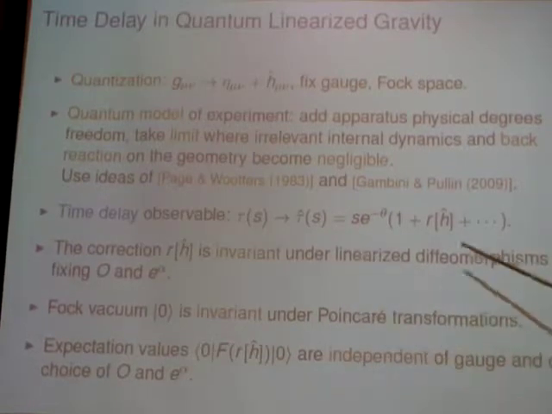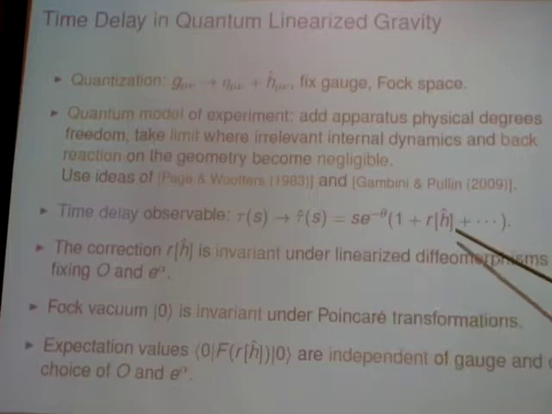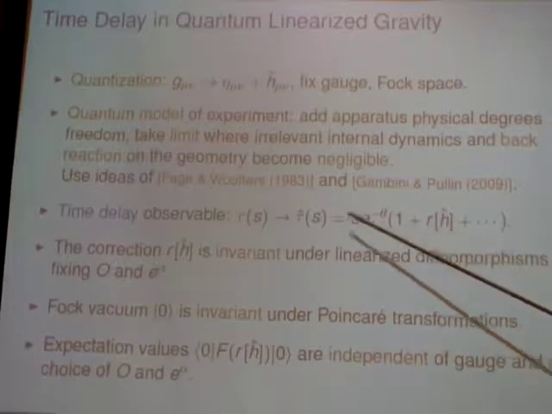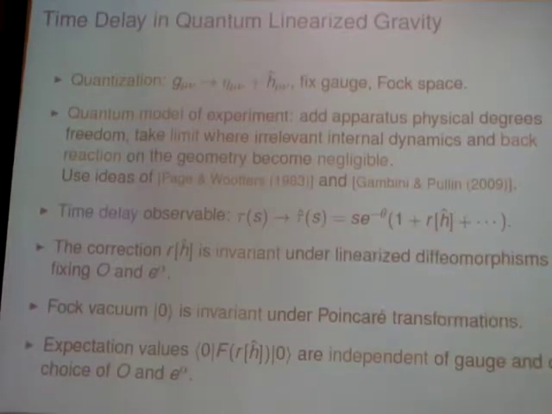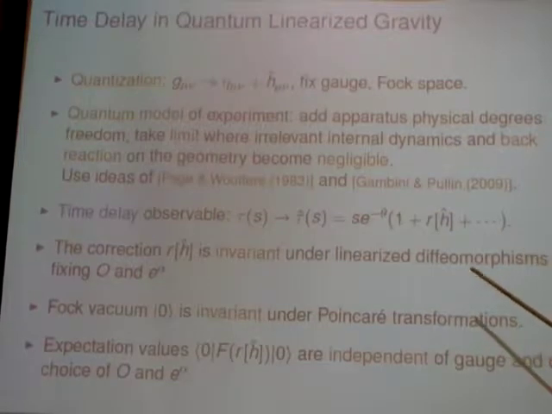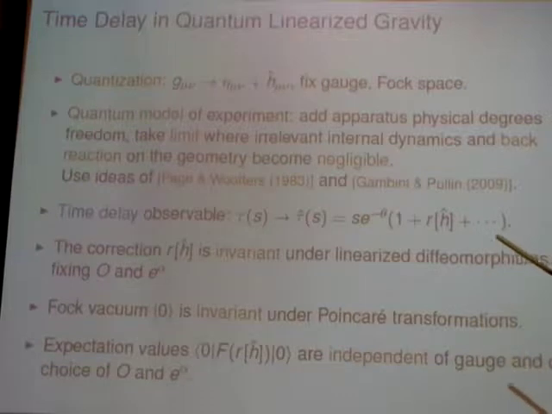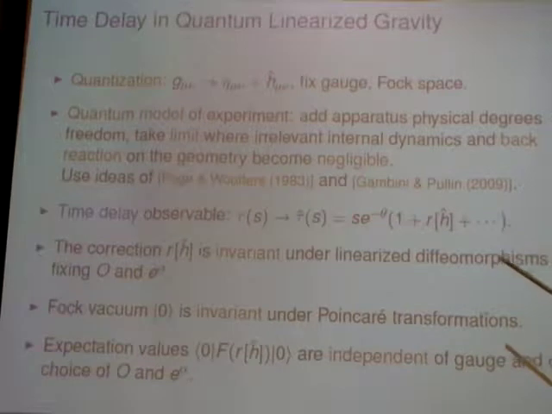And one more comment is that this quantity is invariant under diffeomorphism transformations of Lorentzian spacetimes. So if you were to fix the special point O and the frame at that point to some particular values, then the remaining gauge freedom has to respect that.